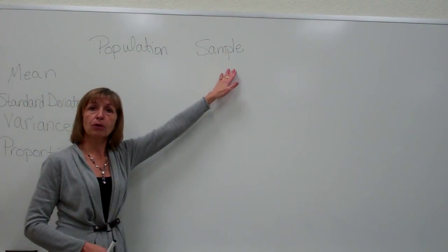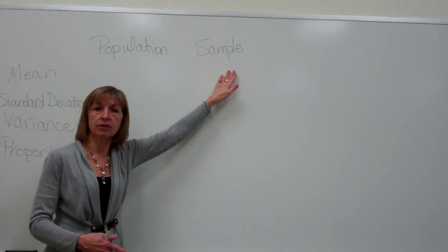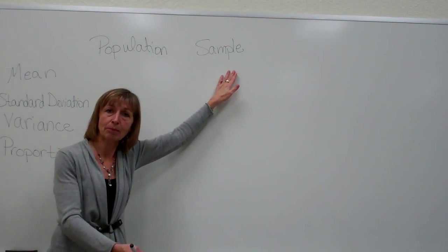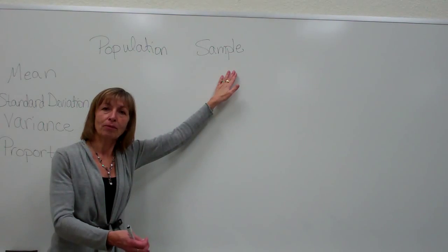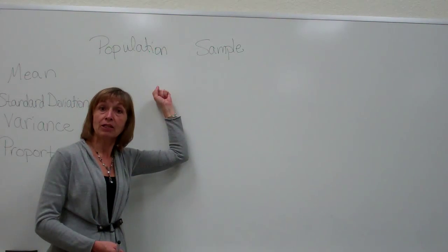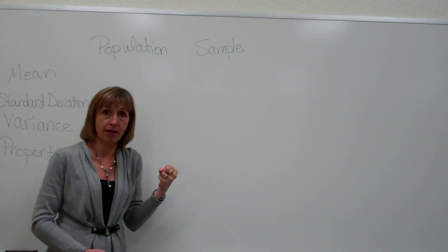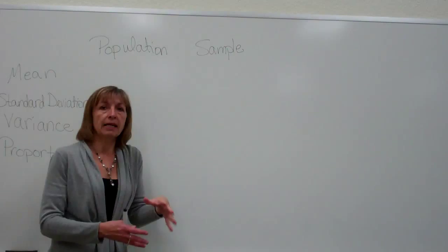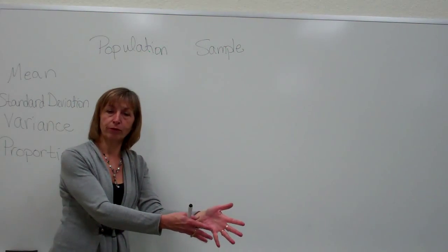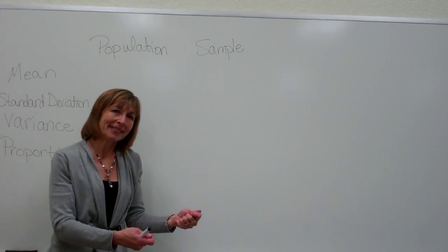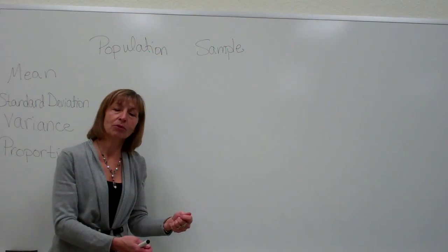If I just pull some of them out of a population and calculate the mean for that sample, it may or may not be what the population mean is, because I didn't grab them all. And if I grab a different sample from the same population and calculate the mean, it won't be exactly the same for the second sample as the first.